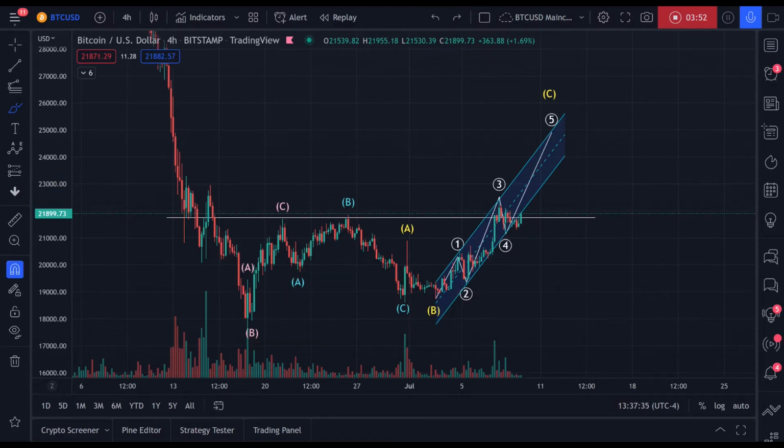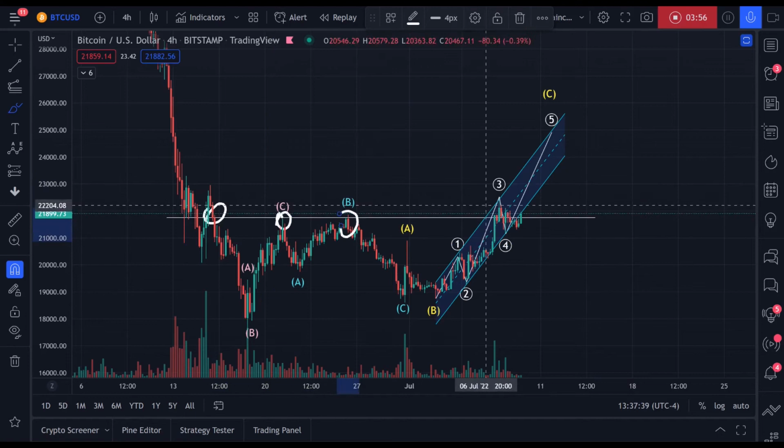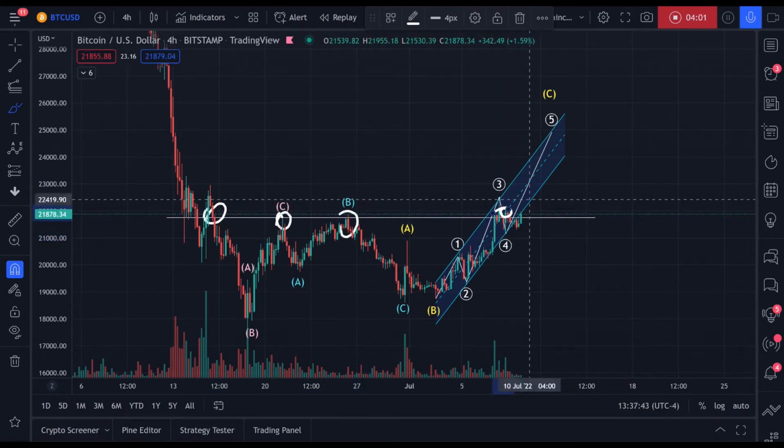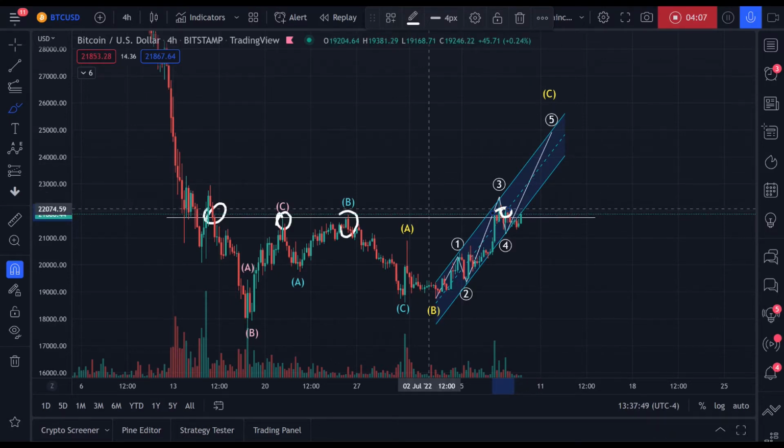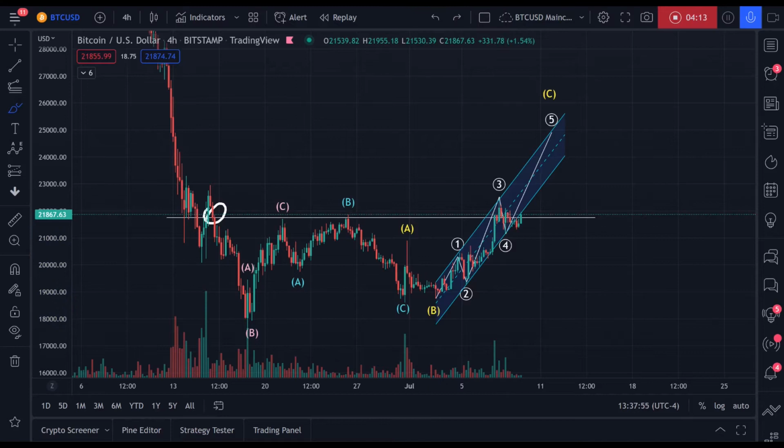So once you break significant resistance, right? This was resistance here, here, here, and here, right? Four touch points rejected every single time. Once you break significant resistance, you usually pump the distance of the preceding pattern, okay?